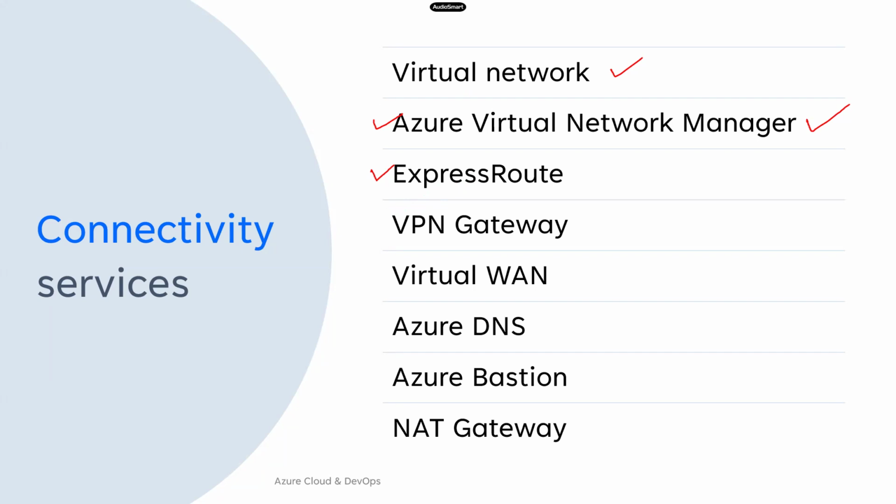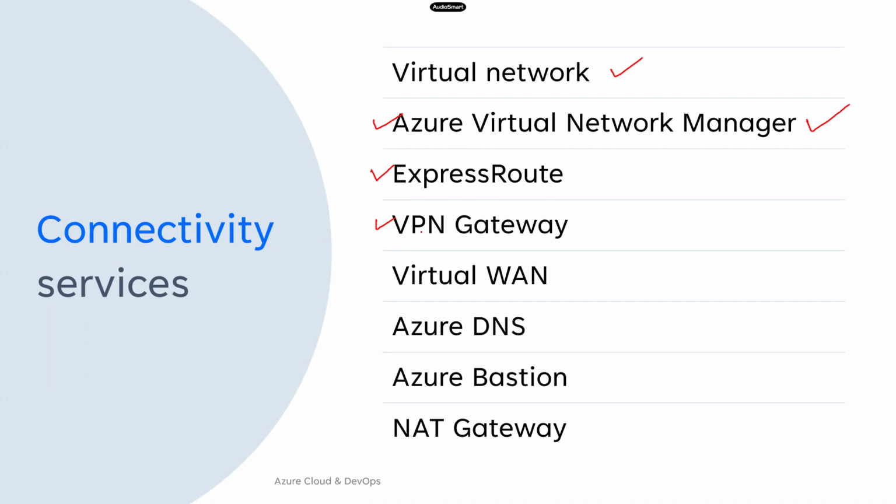The next is VPN Gateway. VPN Gateway helps us establish connections between different virtual networks. Same as ExpressRoute, either we can connect to on-premises, or we need to connect to the cloud, and the virtual gateway will help us. It will establish different kinds of connectivity: site to site, point to site, VNet to VNet.